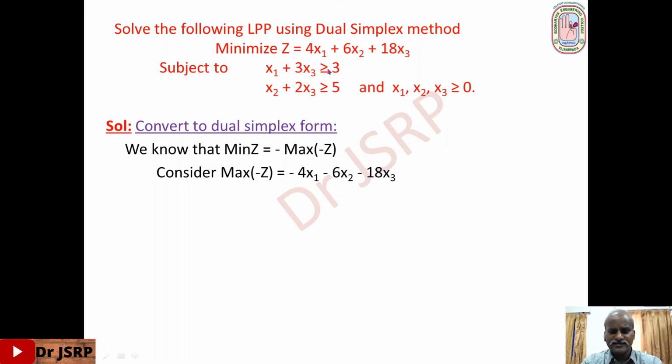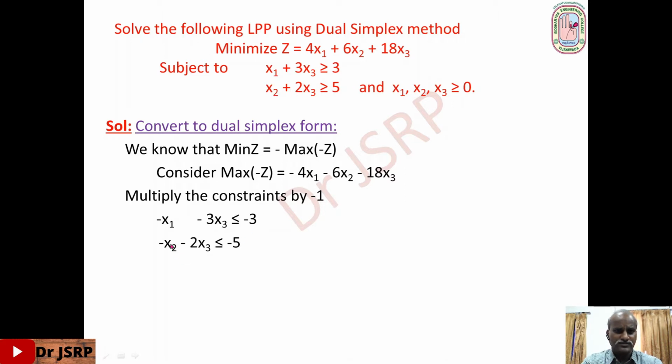Multiply first constraint by minus 1, that is we get minus x1 minus 3x3 less than or equal to minus 3. Multiply second constraint by minus 1, minus x2 minus 2x3, same inequality changes, less than or equal to minus 5. Okay, and all variables are greater than or equal to 0.